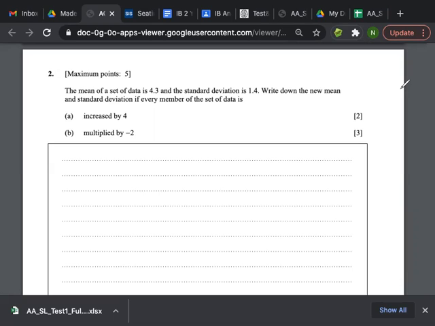What is the concept of a mean? How do I find that? It's the sum of the numbers divided by the number of numbers, and that is equal to, we know it's 4.3, right? So I could say that the sum of the numbers is equal to 4.3 times the number of numbers.